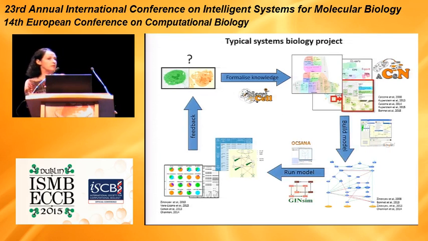Signaling networks can be found in many databases, like Reactome, KEGG, or an alternative resource that I am going to present to you. They can be involved in a typical systems biology project, when some observation is made in a lab or some scientific question is present.